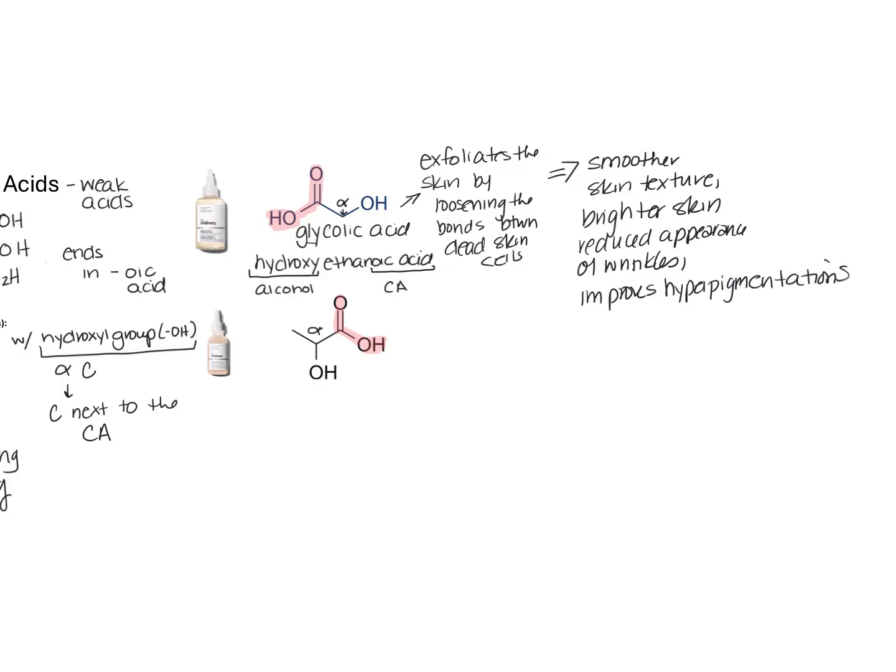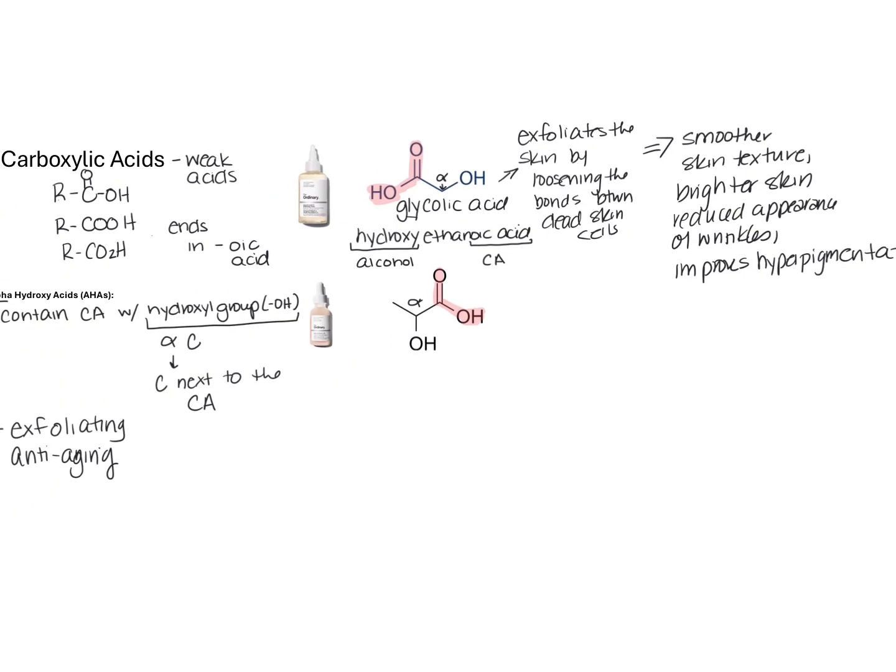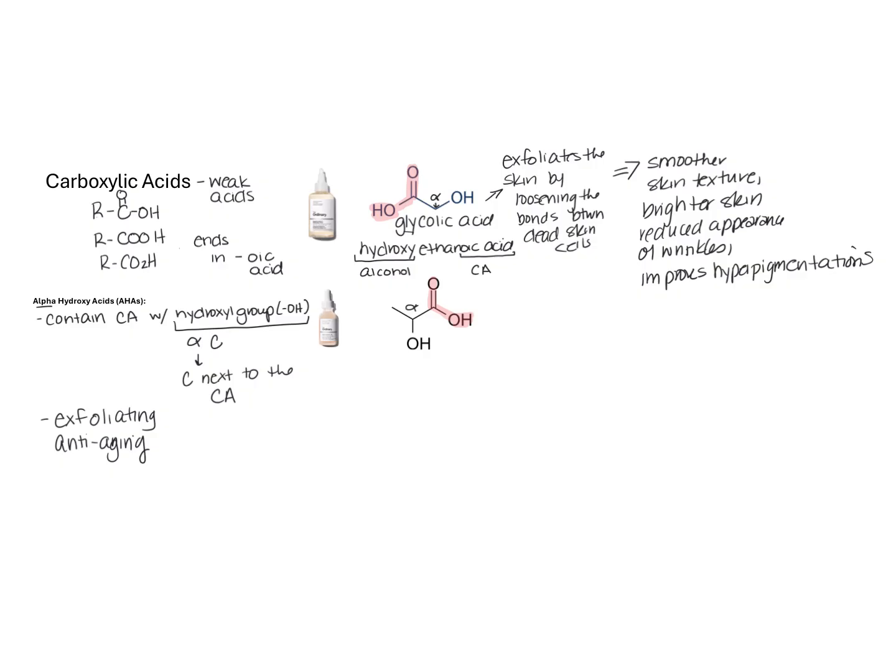It's kind of these weird dark spots. It's commonly used in things like chemical peels, serums, toners, cleansers, and moisturizers, especially those targeting anti-aging or reducing dullness in your skin. So you're going to see AHAs show up pretty frequently.